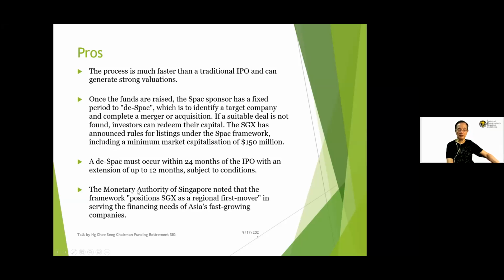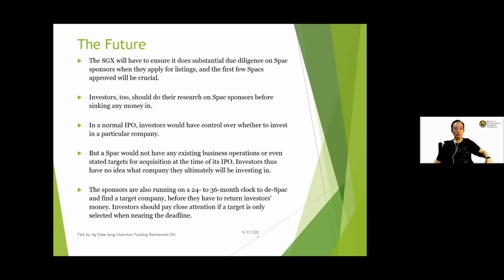The MAS, the Monetary Authority of Singapore, noted that the framework positioned SGX as a regional first mover in serving the financial needs of Asia's fast-growing companies, right? So basically, SGX hopes to be the first mover. I mean, they want to be the early bird, so they can attract big businesses to list in Singapore under this SPAC structure.